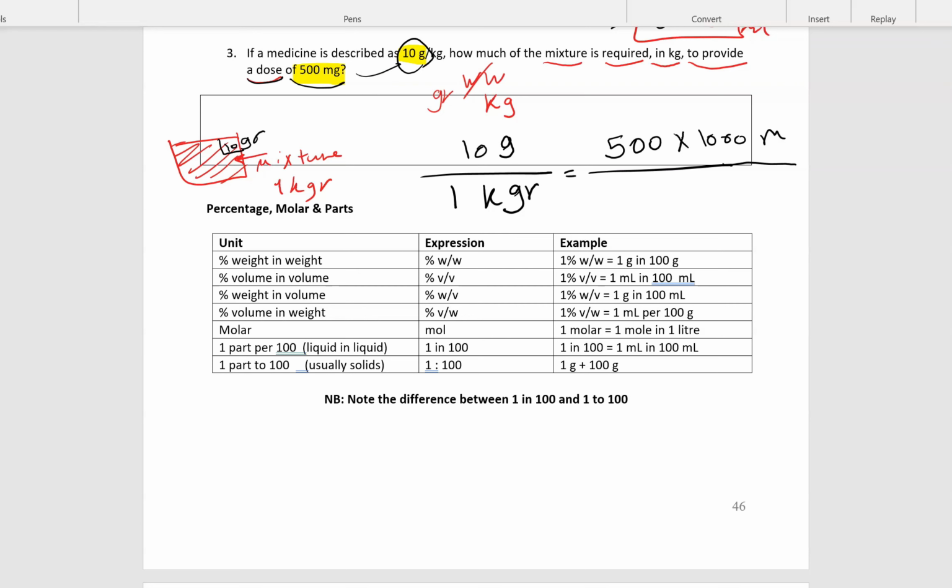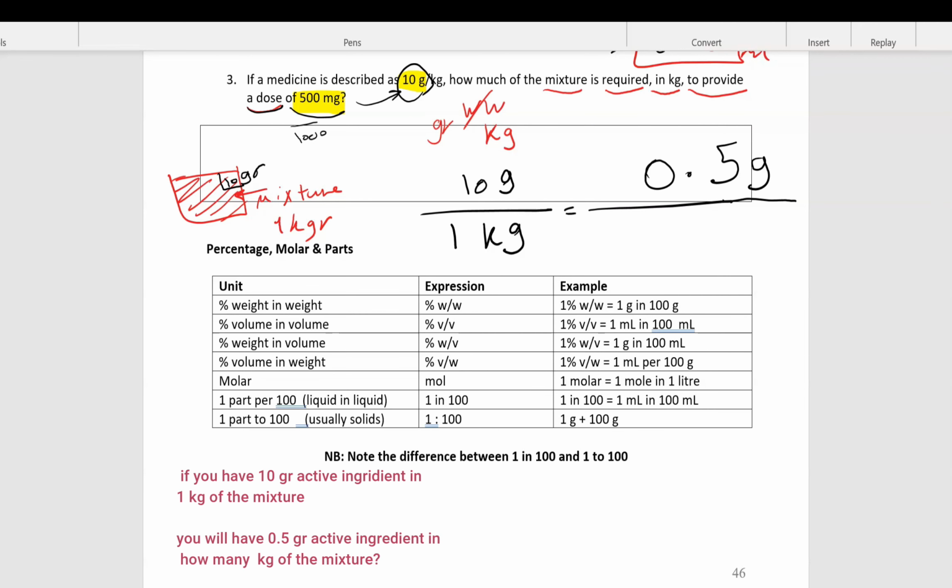Change milligrams to grams, so we have to divide by 1000. So it would be 0.5 gram. How many kilograms of the mixture do we need with this concentration?